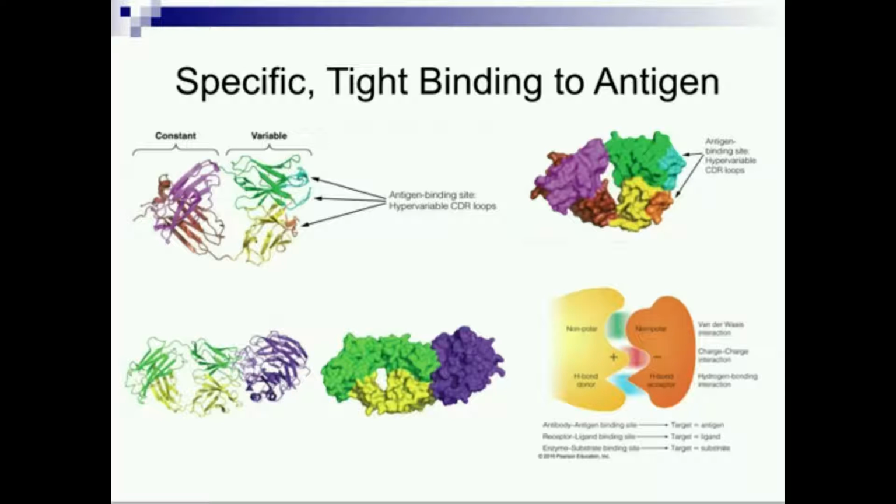Other nonpolar amino acids, because they form van der Waals interactions. If I have a full positive charge here, maybe I want a full negative charge over here. That's a Coulombic interaction, or a charge-to-charge interaction. Over here, if I have a hydrogen bond donor amino acid, I want a hydrogen bond acceptor amino acid, so hydrogen bonding. So we can have full electrostatic interactions, hydrogen bonding, and van der Waals interactions.